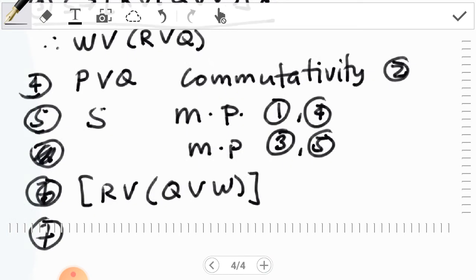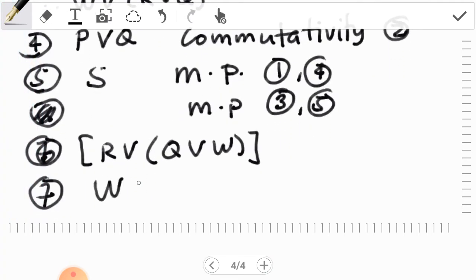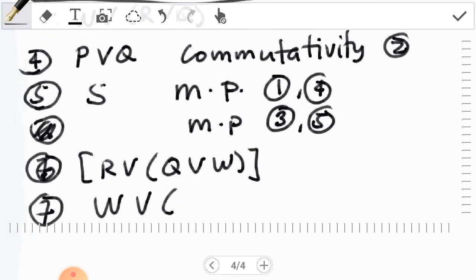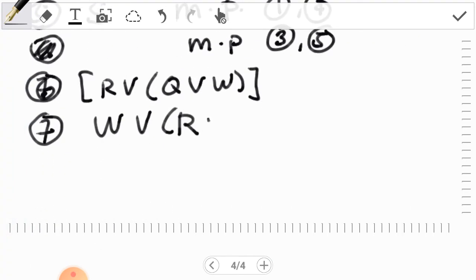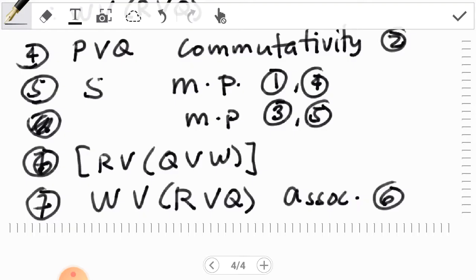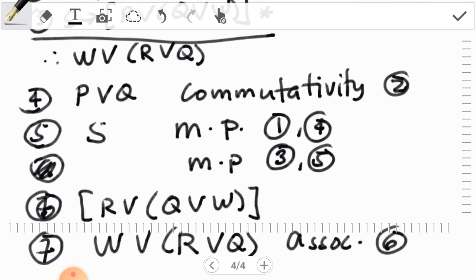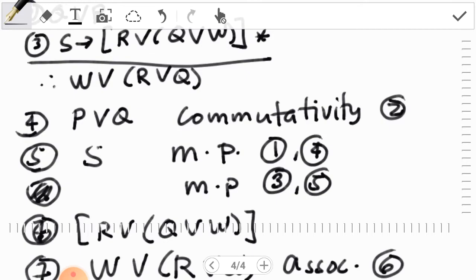So we have W or R or Q. This is just using associativity rule for line number 6. And there you have it, the conclusion of the expression. Okay, so that's the third example that we have.